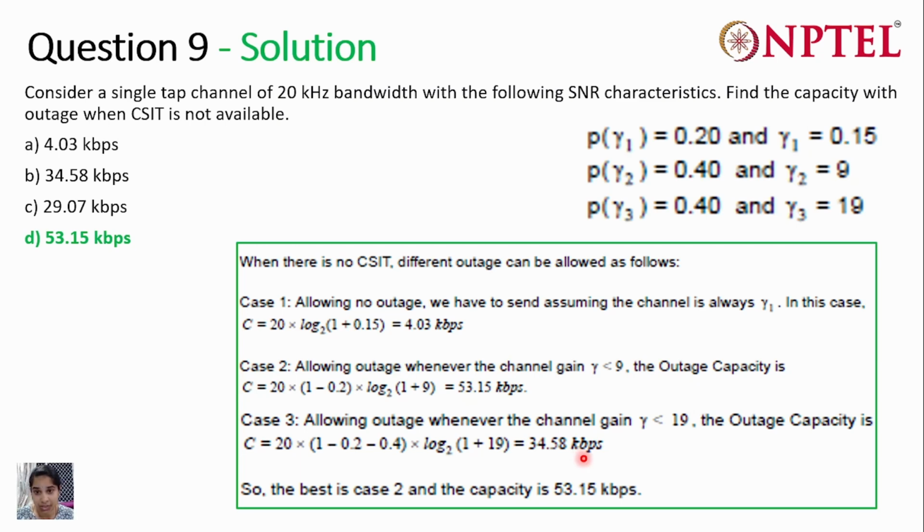So what we see is the best that could be achieved is in case 2, not in case 3, which is 53.15 kilobits per second.